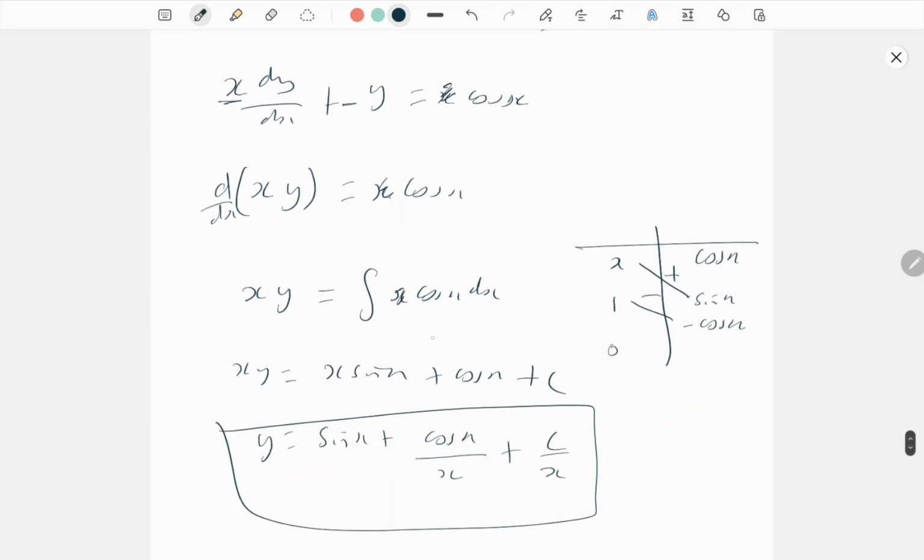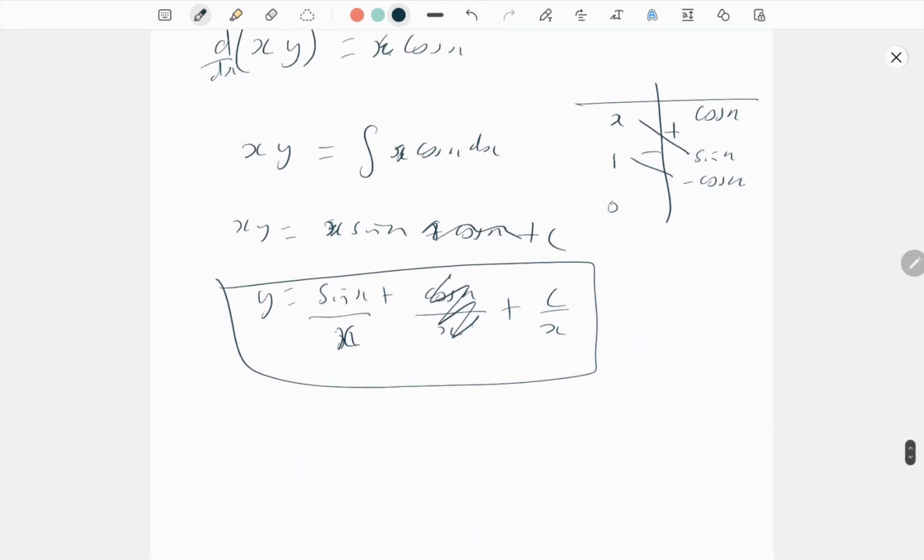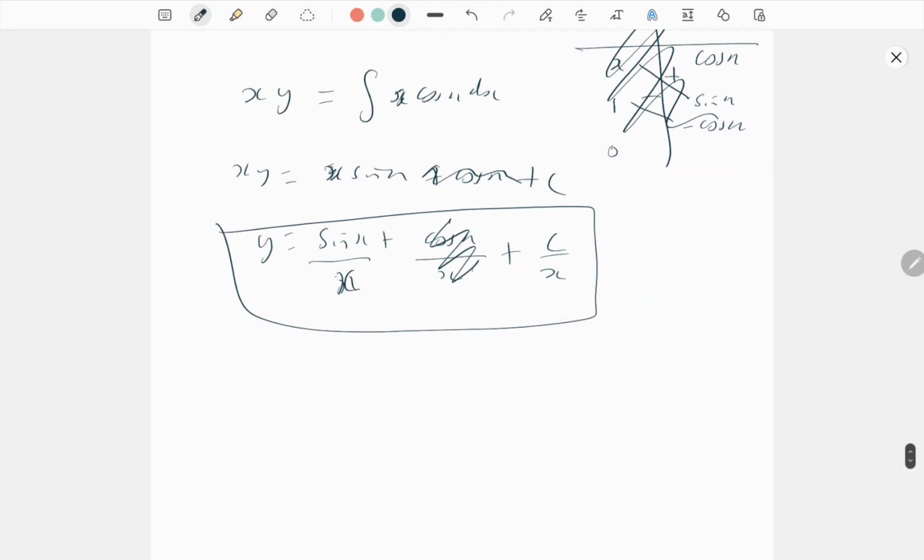So that's just going to be sine x plus c. And so the answer is sine x over x plus c over x. No need for integration by parts. Right, let's try another one.